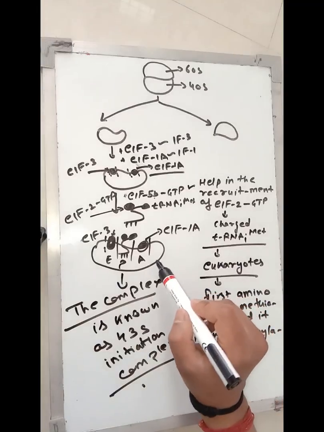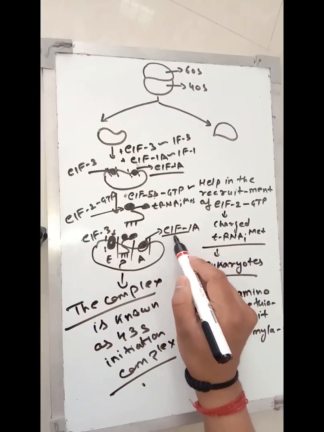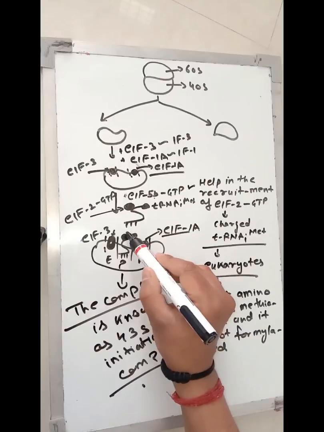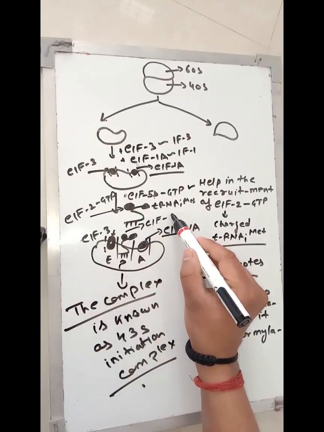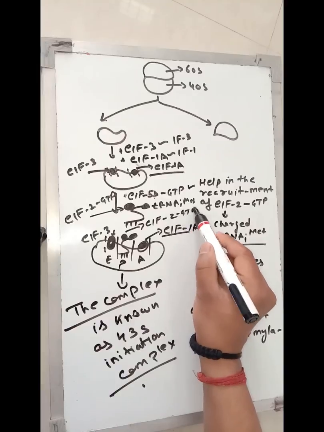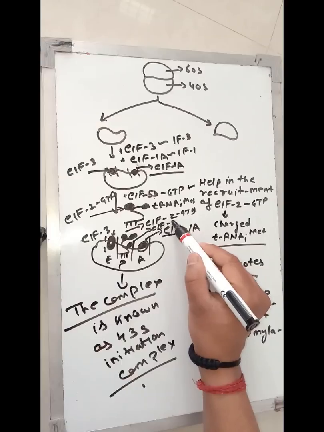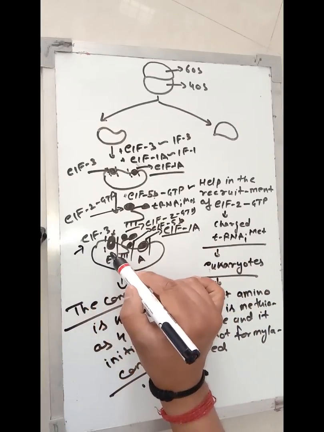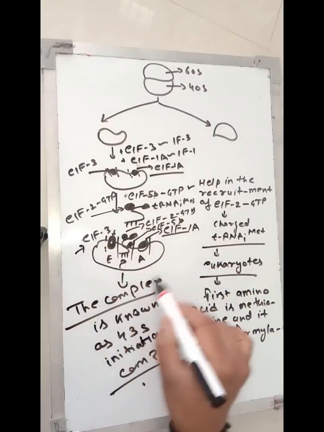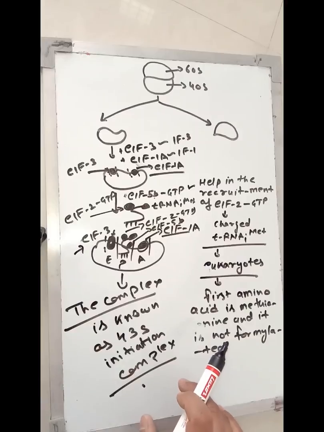The complex with the ribosome small subunit, EIF1A, EIF2 GTP, and another factor EIF5B, EIF3 at the E site. So this complex is known as the 43S initiation complex.